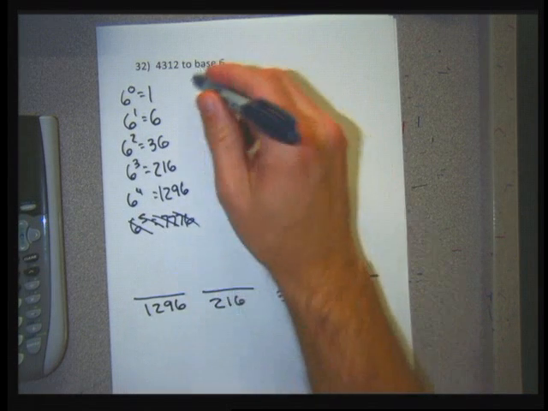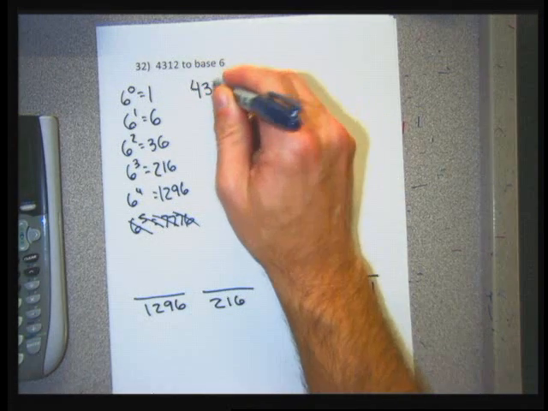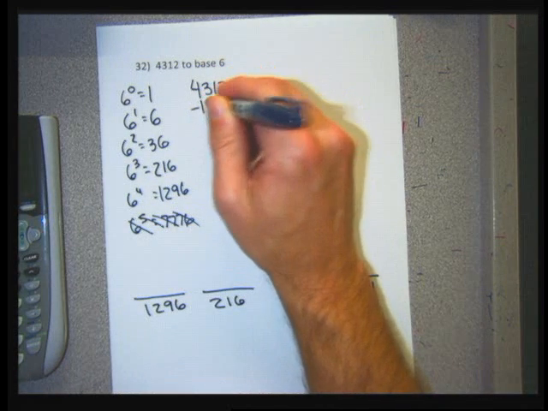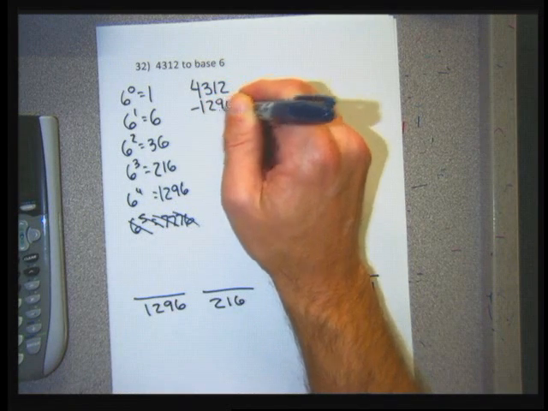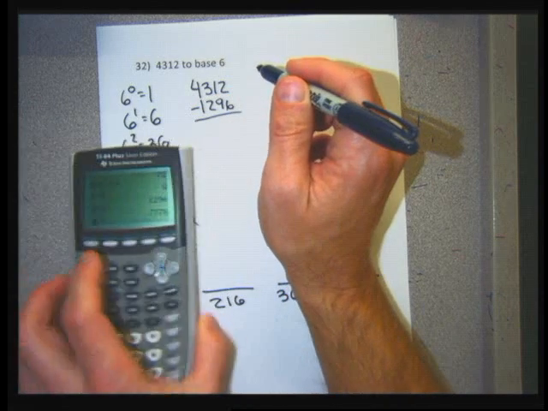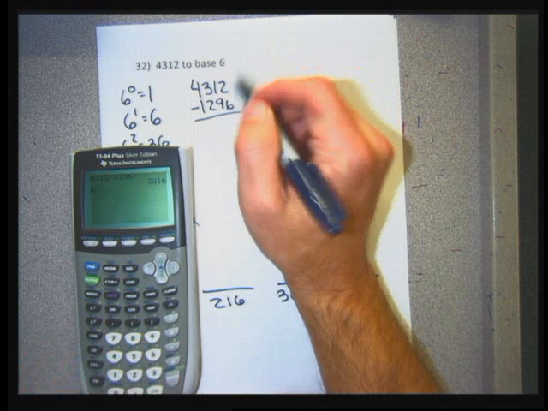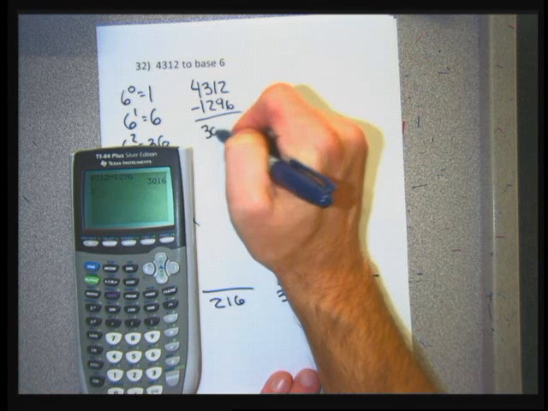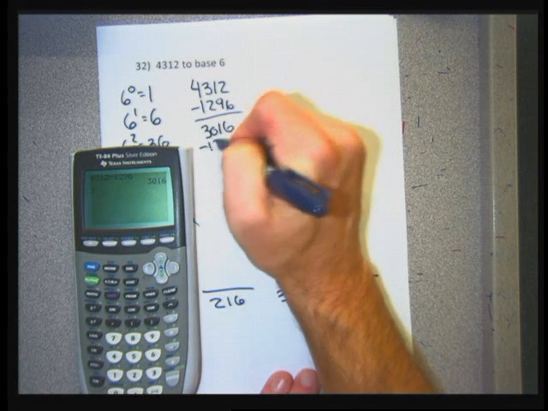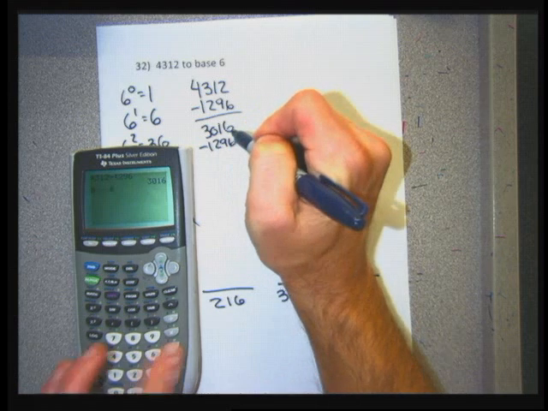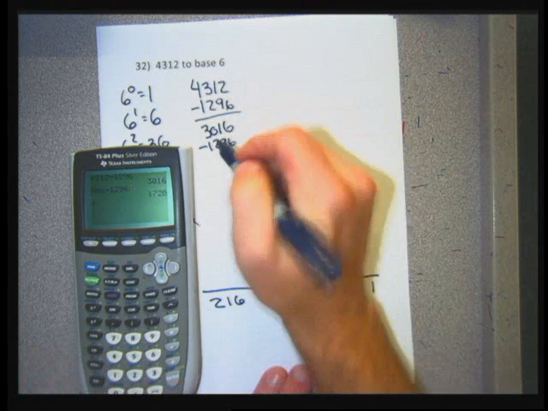So I take the number 4,312, and now I'm going to start subtracting 1296. I'm going to subtract it as many times as I can without getting a negative. So I'll go 4312 minus 1296 and get 3016. Subtract it again, and I get 1720.